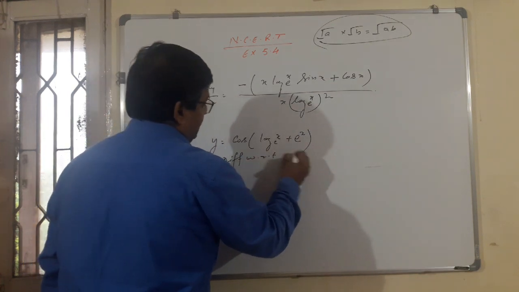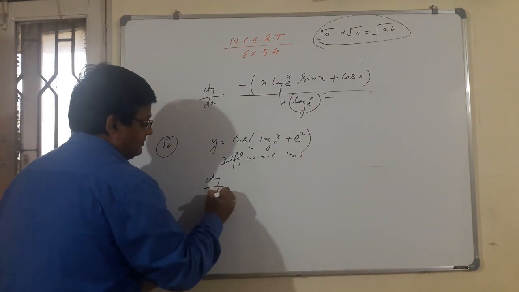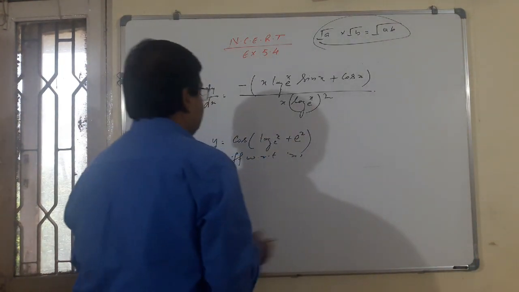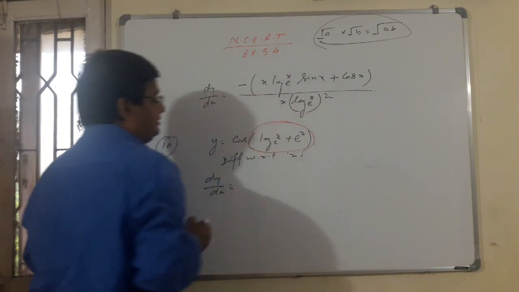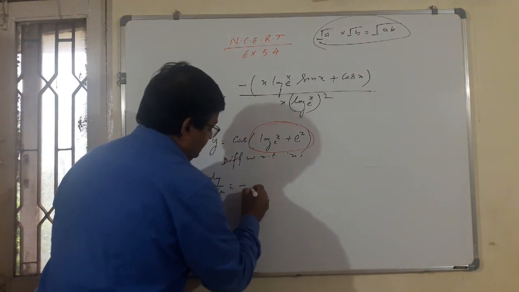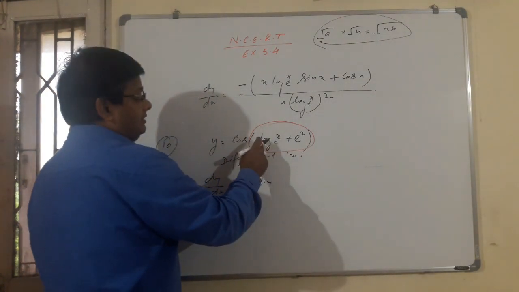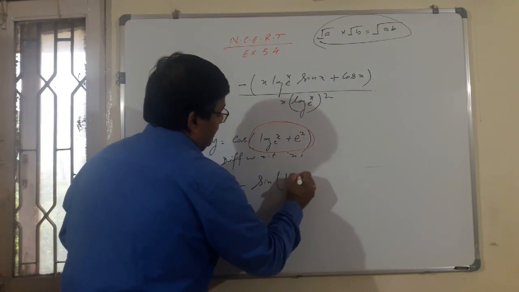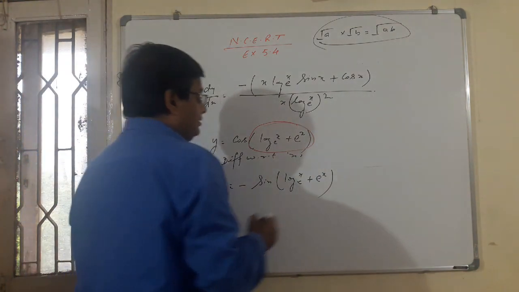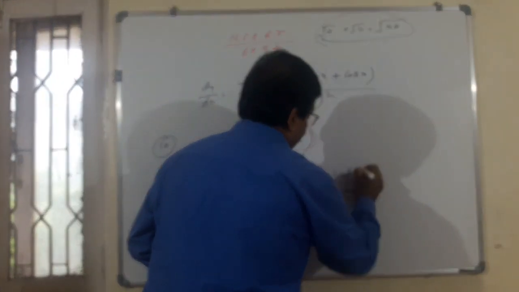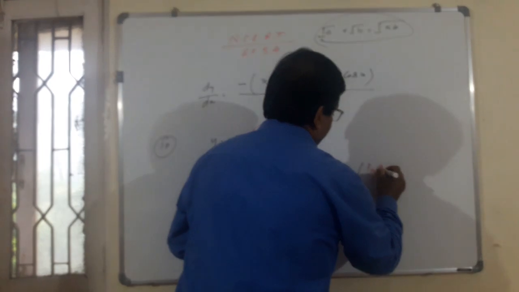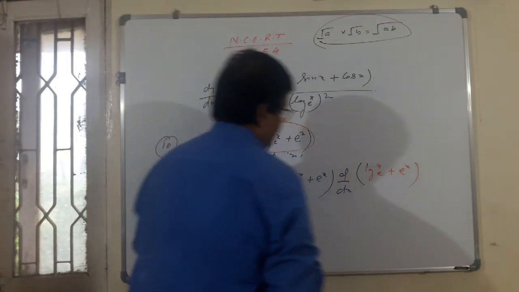Differentiating with respect to x, dy by dx is equal to, first of all, suppose this whole one is z. So differentiation of cos z is minus sin z. What is z? Z is log x to the base e plus e to the power x.